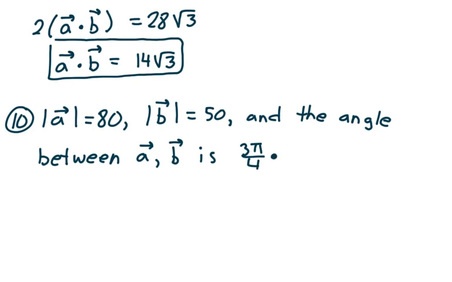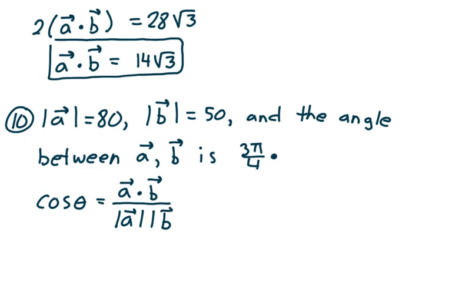And so I'm going to do the same thing as problem number 9. Okay? Turns out cosine of theta is the dot product of A and B divided by the magnitude of A times the magnitude of B. So I hope you don't mind me saying magnitude from here on out, okay?